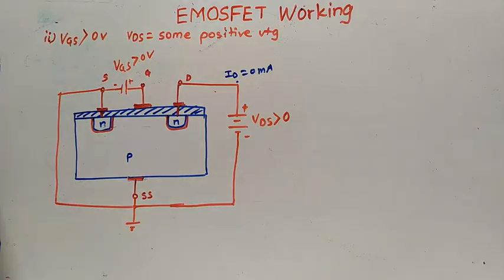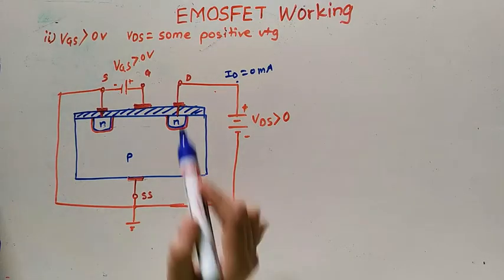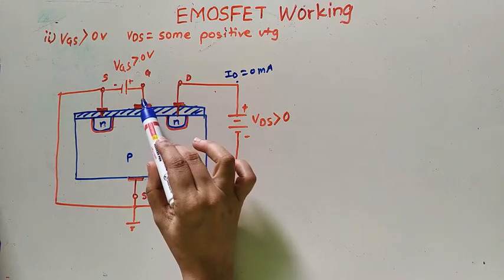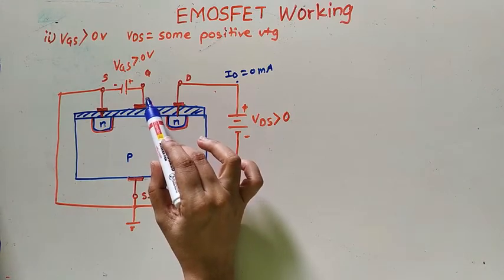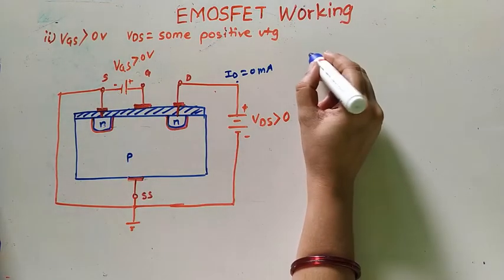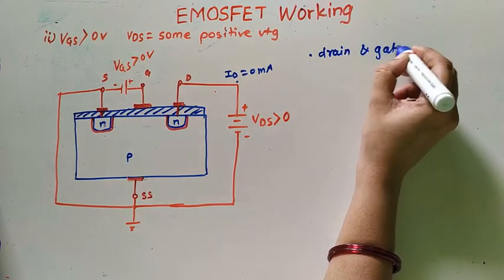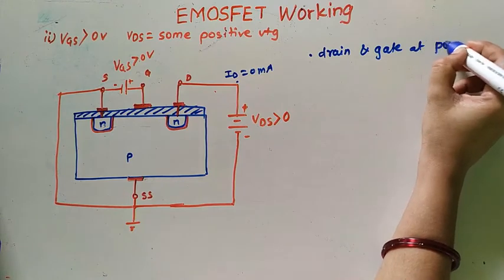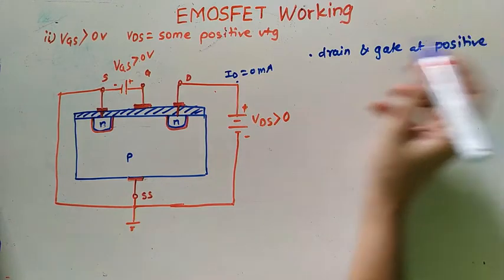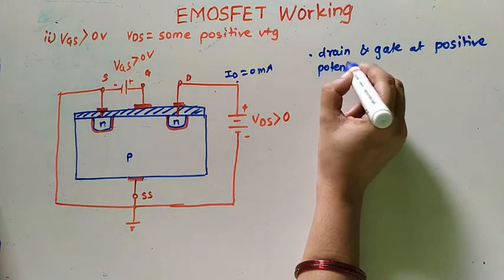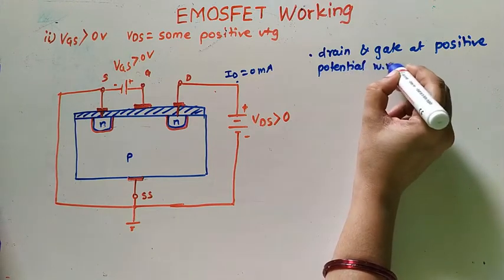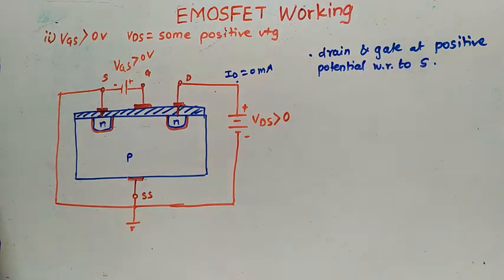Here the drain and gate terminals are at positive potential with respect to the source.